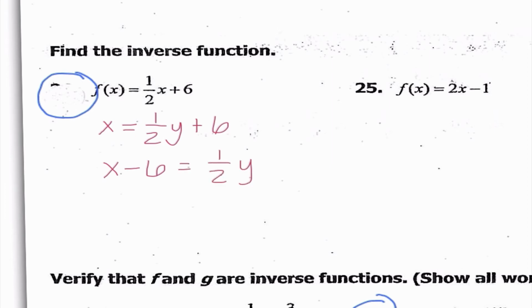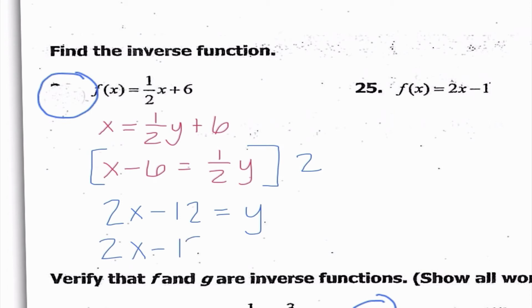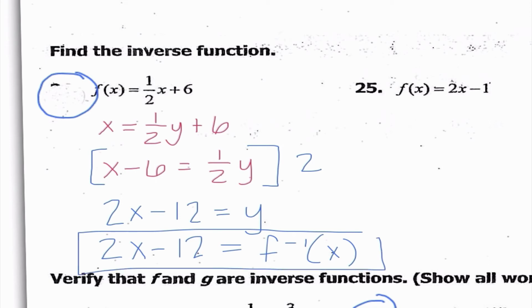And then I'm going to multiply everything by 2, because that is the reciprocal of 1/2. So I end up getting 2x minus 12 equals y. We could also write this 2x minus 12 equals the inverse of f of x. So switch x and y, solve for y.